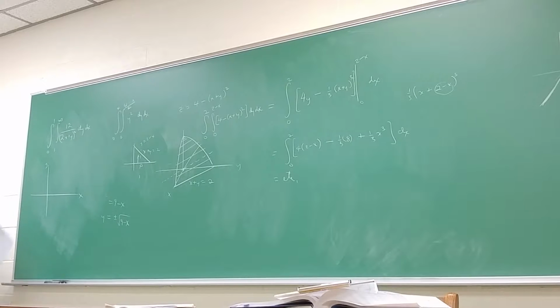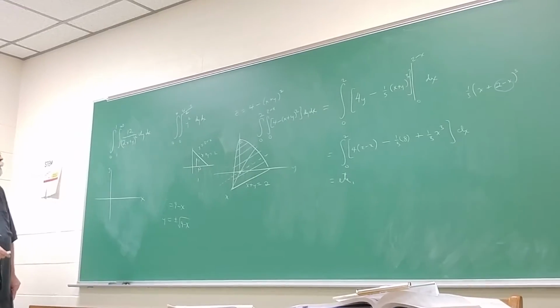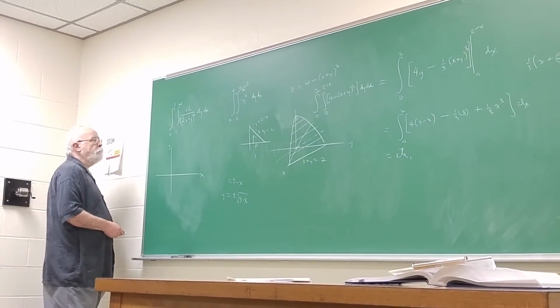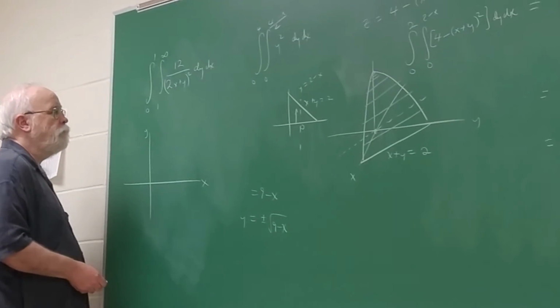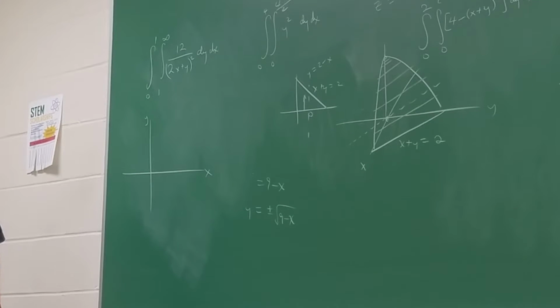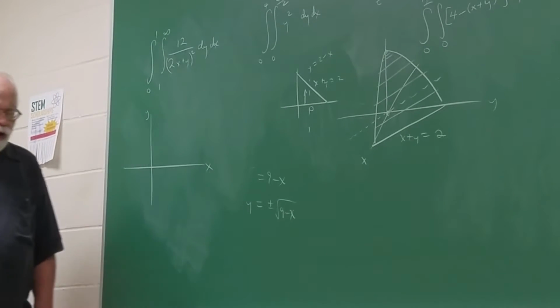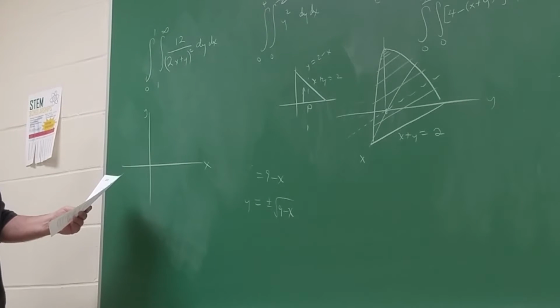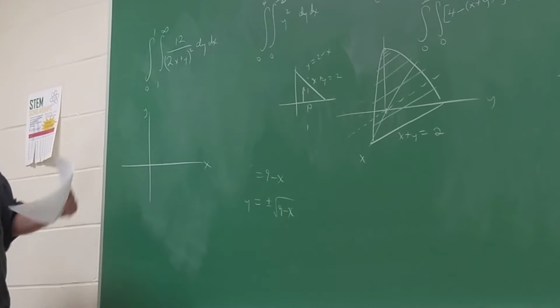So what's the region of integration? What kind of figure? I think it's not quite as important to be able to look at the limits and draw the picture, but it's almost as important as being able to look at the picture and draw the limits.